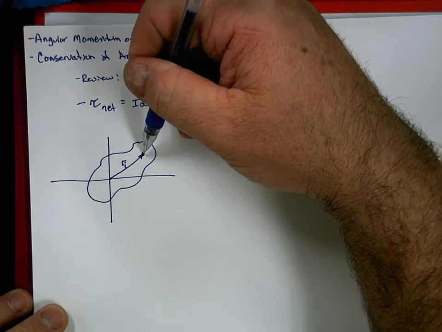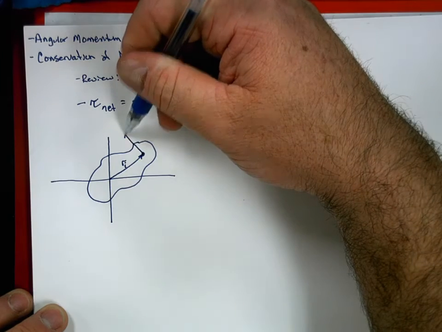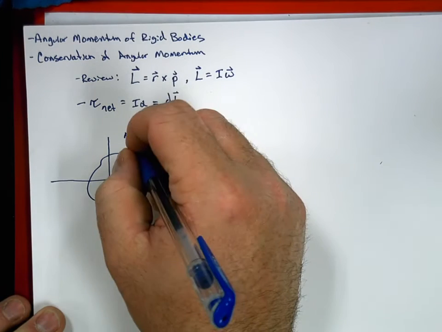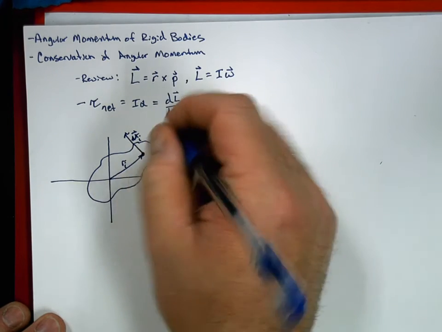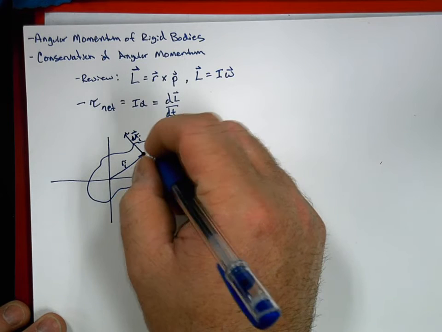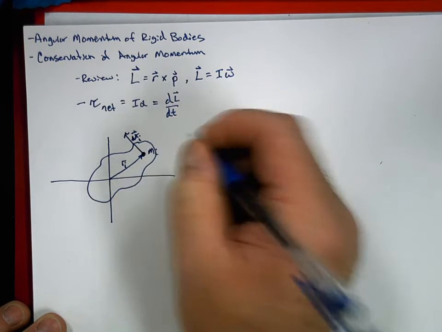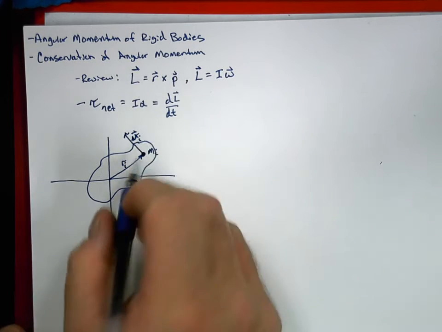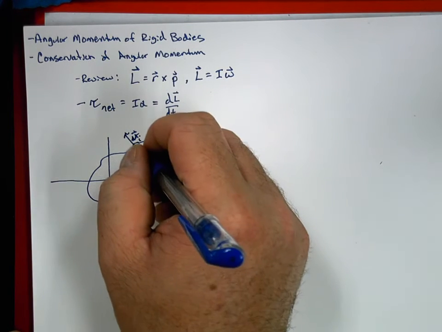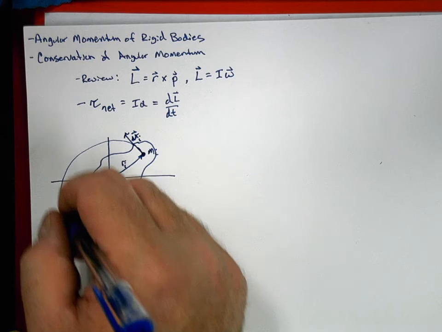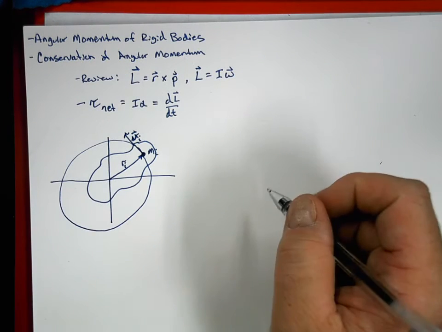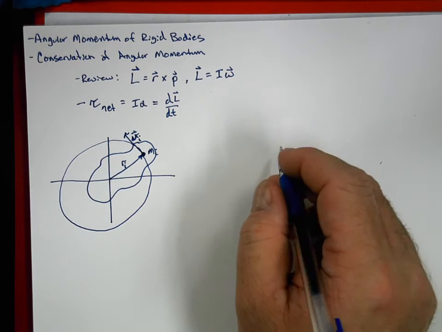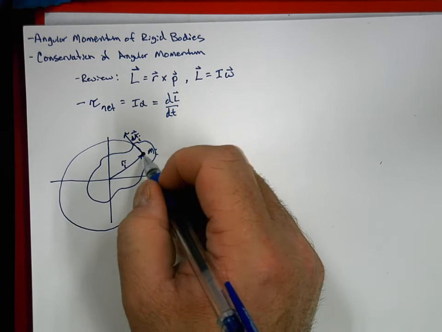As this thing rotates, it has a linear velocity of v_i, and this little piece right here is a mass m_i. As this rotates around, this is the closest thing that I have to a circle.